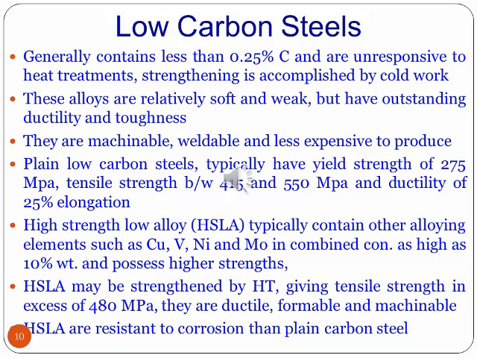HSLA may be strengthened further by heat treatment, and tensile strength in excess of 480 megapascals can be achieved by heat treatment. They are ductile, they are easily formable, and they are easily machinable. HSLA are resistant to corrosion as compared to the plain carbon steel.